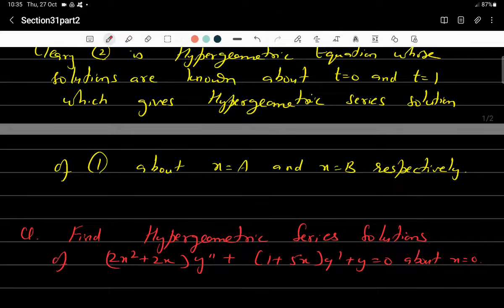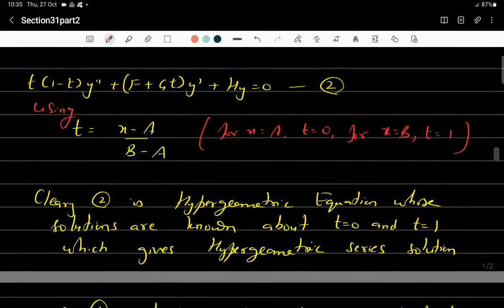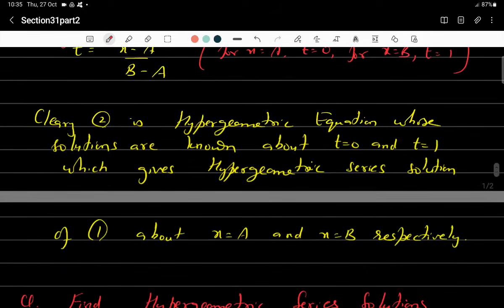Okay, so to find the hypergeometric series solution of this equation about x = 0, first we have to see that it should be of the form of equation 1. So equation 1 is (x - A)(x - B).